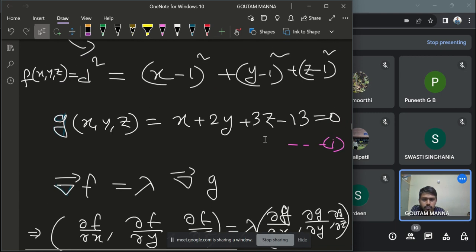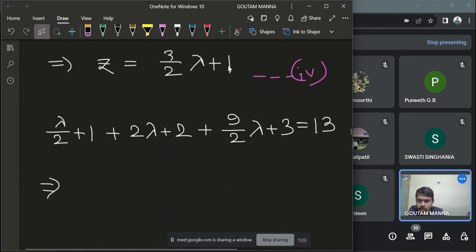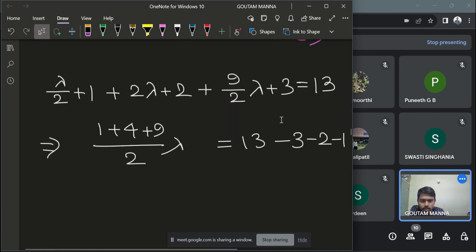Yes. So now if we calculate, it is 1 by 2 plus 4 plus 9 times lambda equals to 13 minus 3 minus 2 minus 1. 13 minus 3 is 10 and minus 3 is 7.